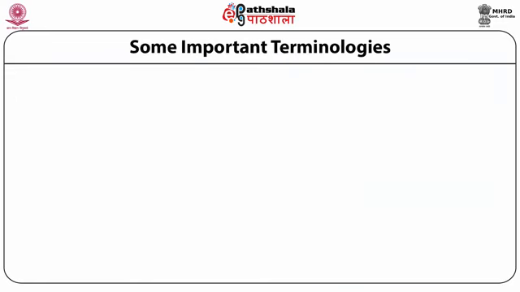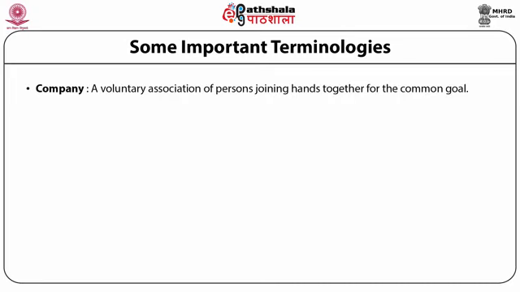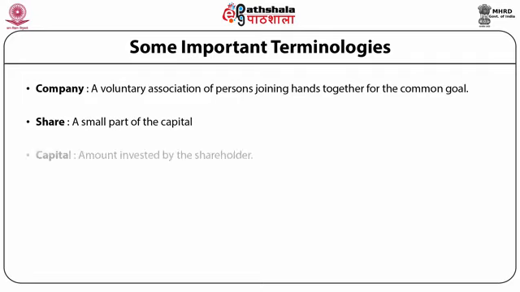Some important terminologies. Company. A company is a voluntary association of persons joining hands together for a common goal. Share. It is a small part of the capital. Capital. It is the amount invested by the shareholder.